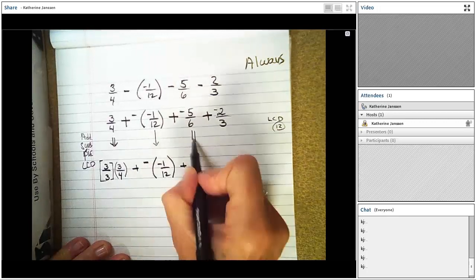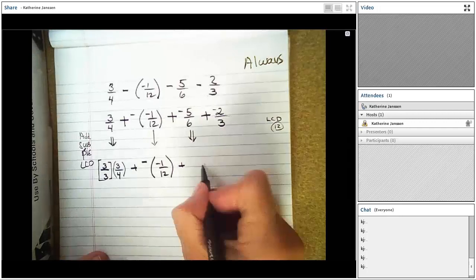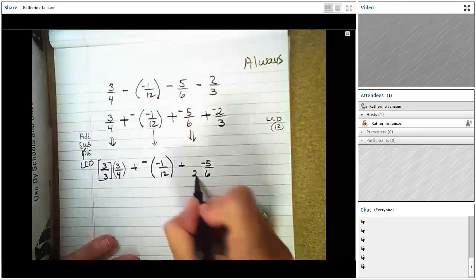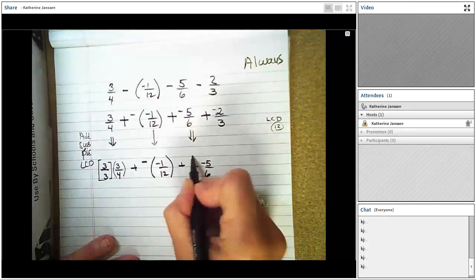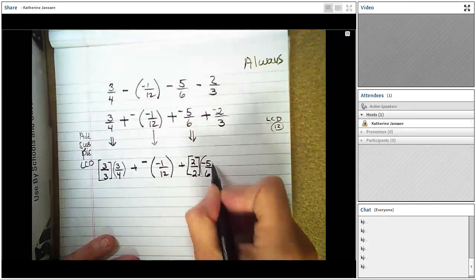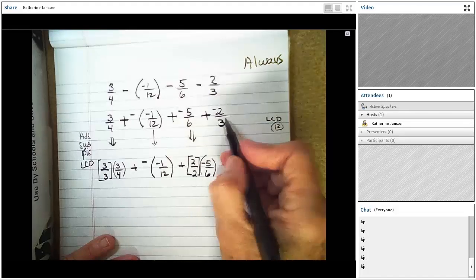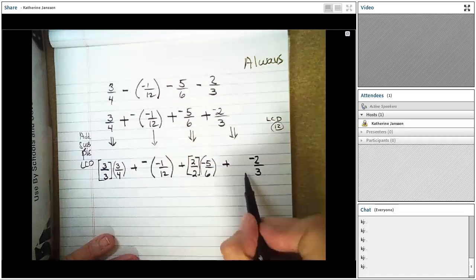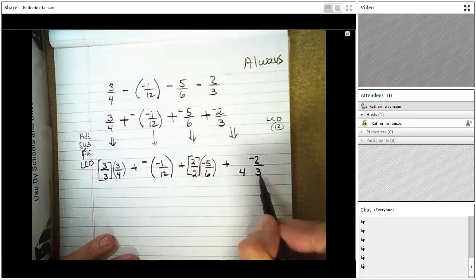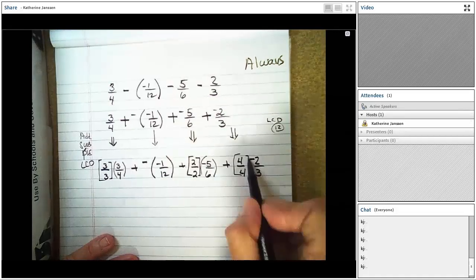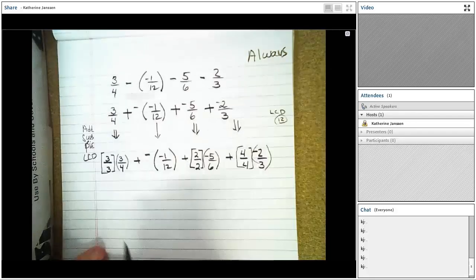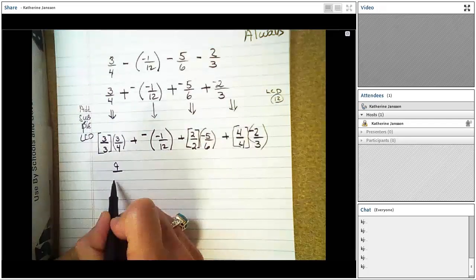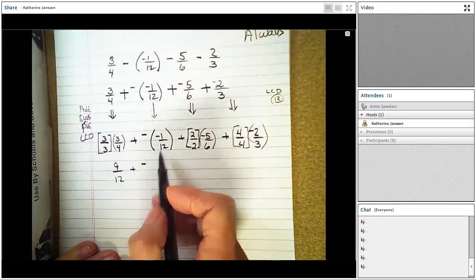Plus I'm going to convert 6 to 12s. I have a negative 5/6. I want 6 to be 12, so I'll multiply by 2 in the denominator and the numerator. And thirds, I'm going to convert thirds to 12s. 4 times 3 is 12, so I'll multiply the numerator by 4. 3 times 3 is 9, 3 times 4 is 12, plus, this is a negative.